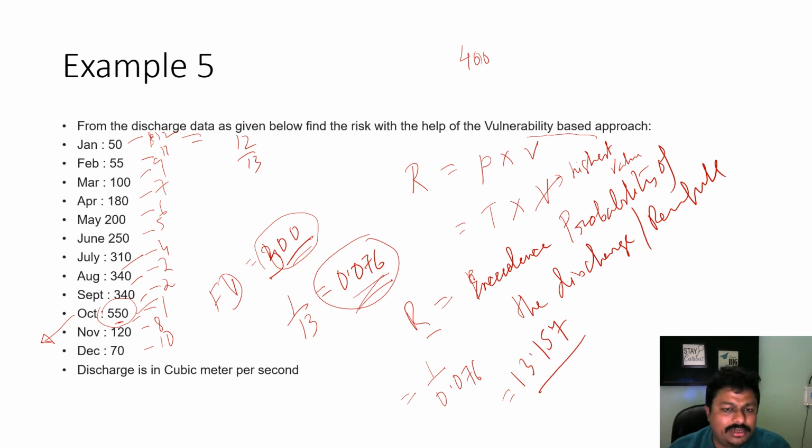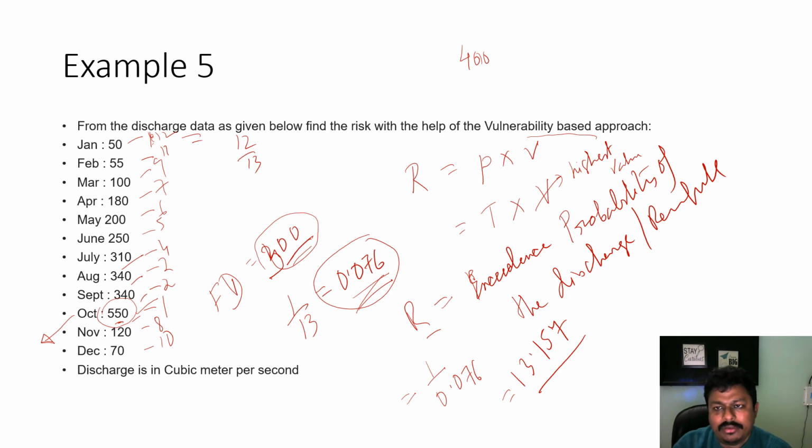And as you can see, if we consider the return period, the risk of the highest discharge and the risk of the lowest discharge will be reflected in your risk value. But if you give the probability, that risk will show the opposite of the real picture.